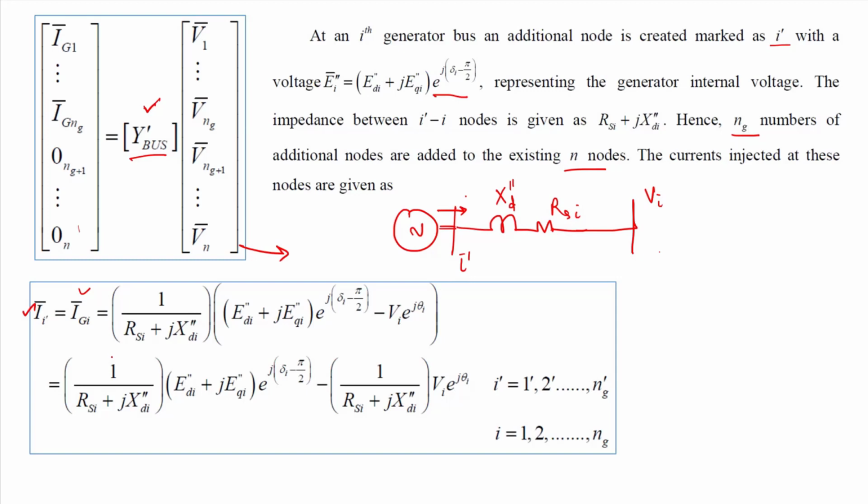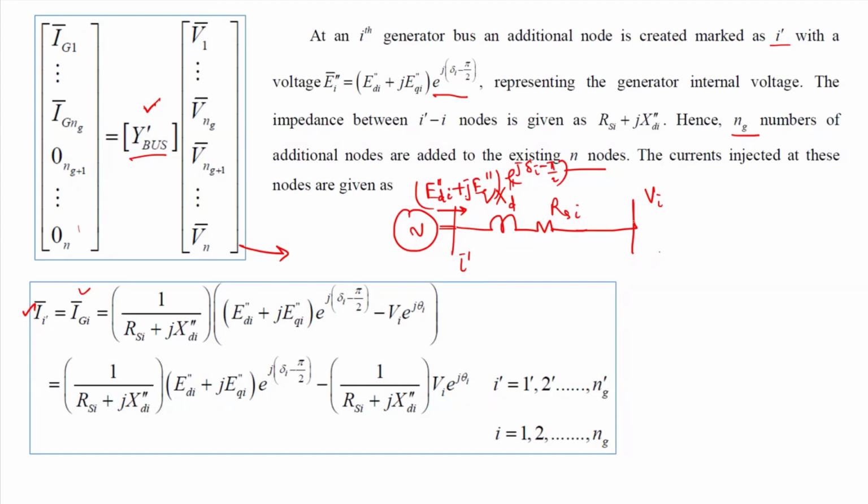That is equal to nothing but the voltage difference between these two divided by the impedance. Here the terminal voltage is Edi double dash plus j Eqi double dash, which is also multiplied with e to the power j (delta i minus pi by 2).